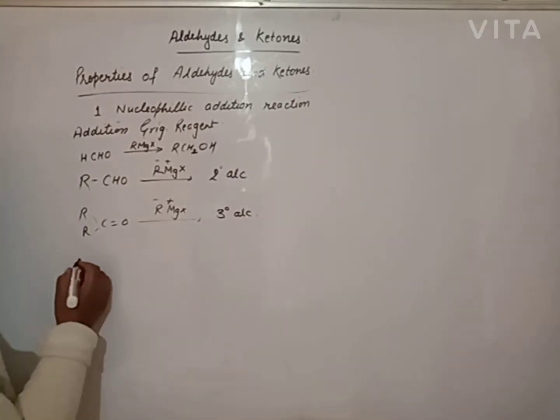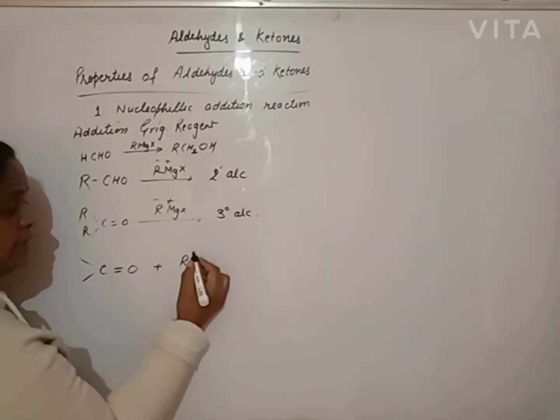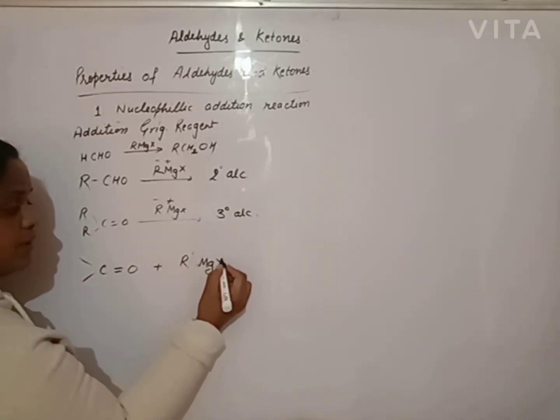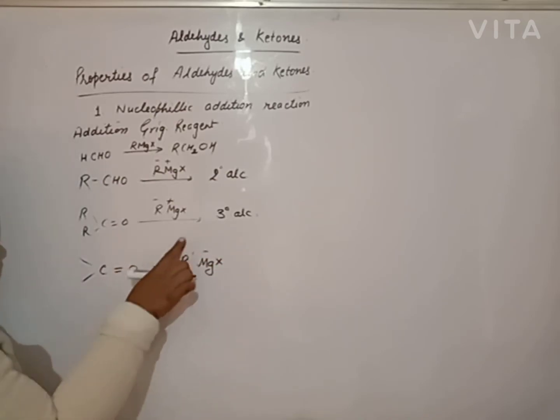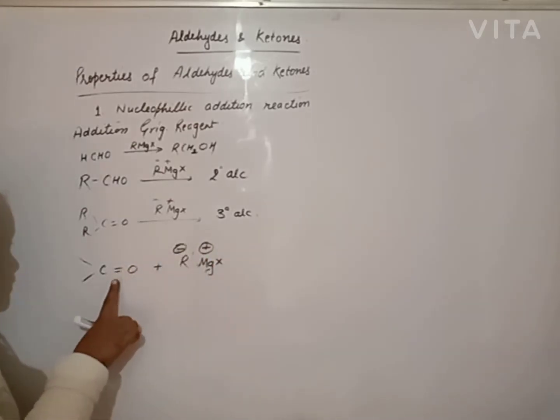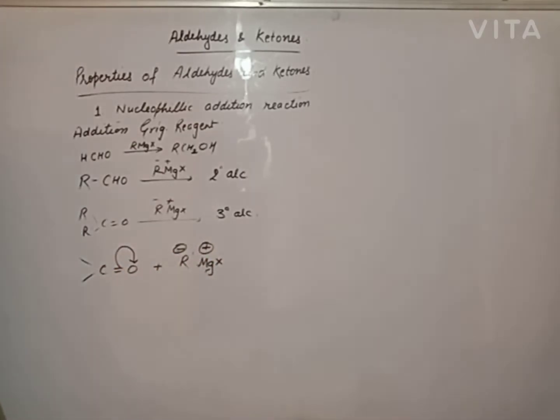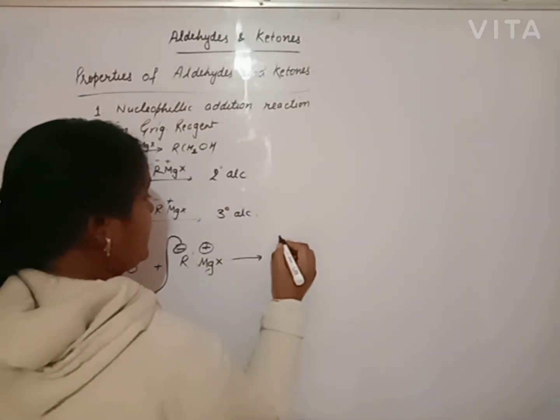You will see the general mechanism. When Grignard's reagent comes in contact with carbonyl carbon, oxygen, being more electronegative, attracts electrons towards itself. So carbon acquires partial positive charge. Negatively charged carbon attacks over here, and we will get adduct.